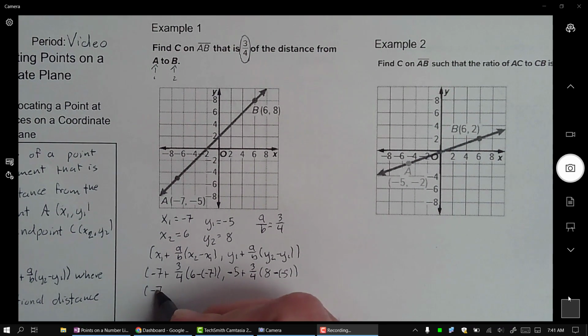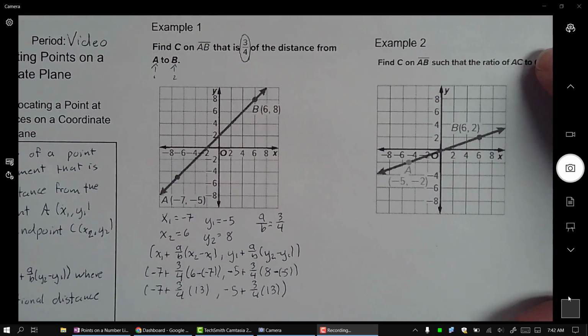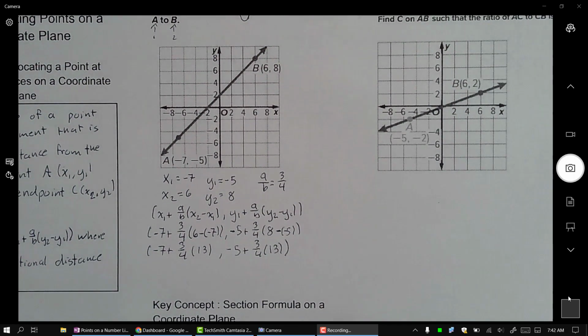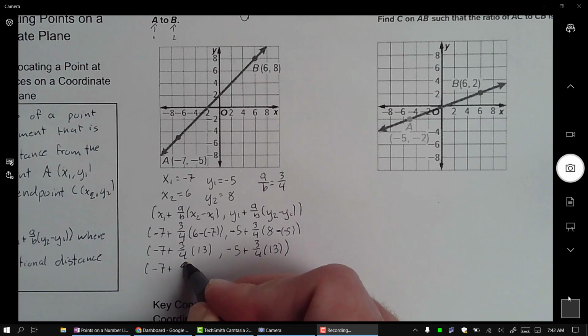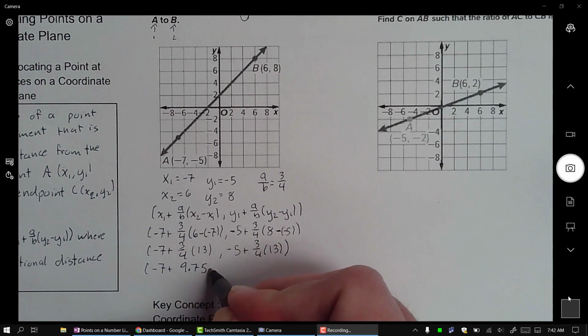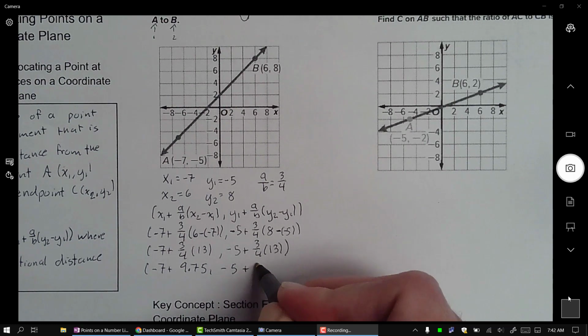So this gives me -7 plus 3/4 times, 6 plus 7 is 13. Then I have negative 5 plus 3 over 4 times, 8 minus -5 is also 13. Three-fourths of 13 is going to be 9.75. So this is going to give me negative 7 plus 9.75. And same thing over here, 3/4 of 13 is going to give me 9.75.